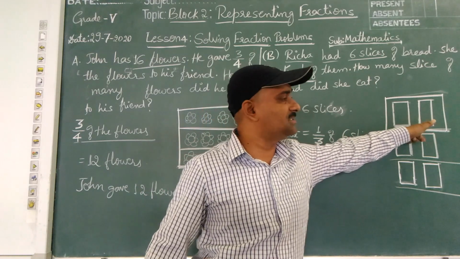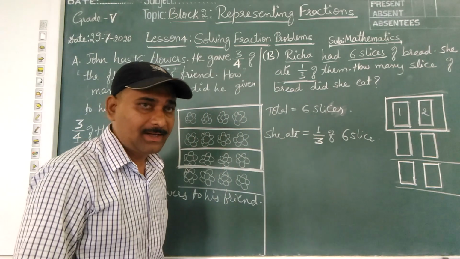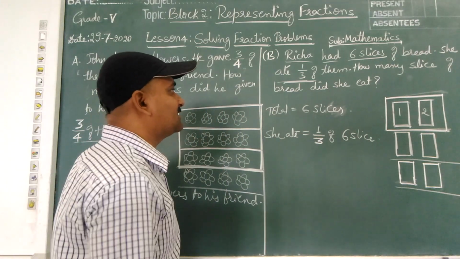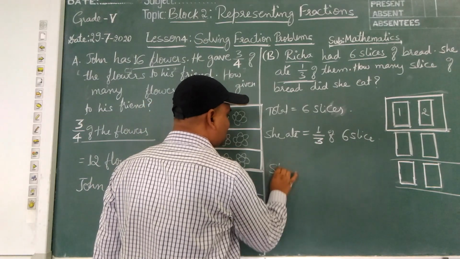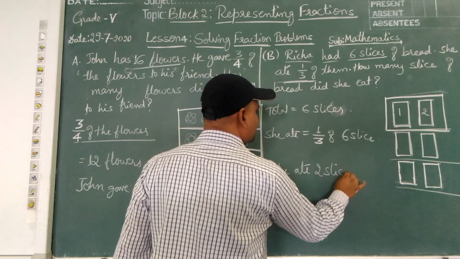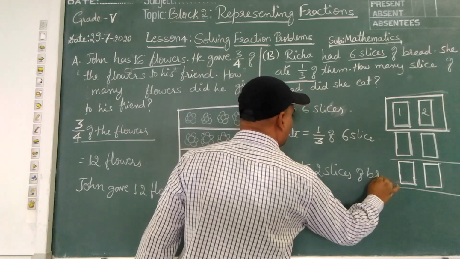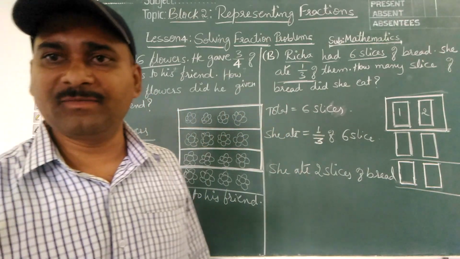In 1 part, how many slices are there? 2 slices of bread. Means how many slices of bread did she eat? She ate 2 slices of bread.